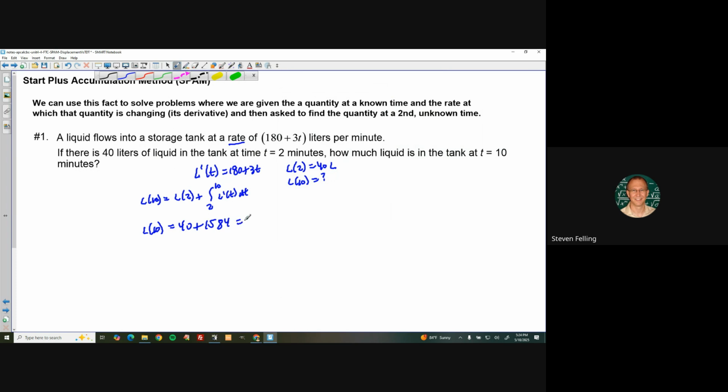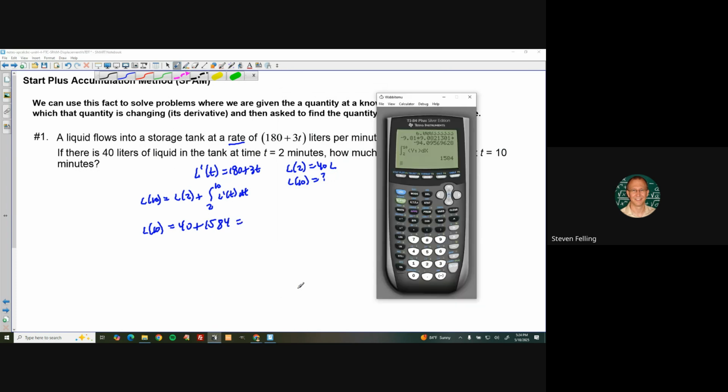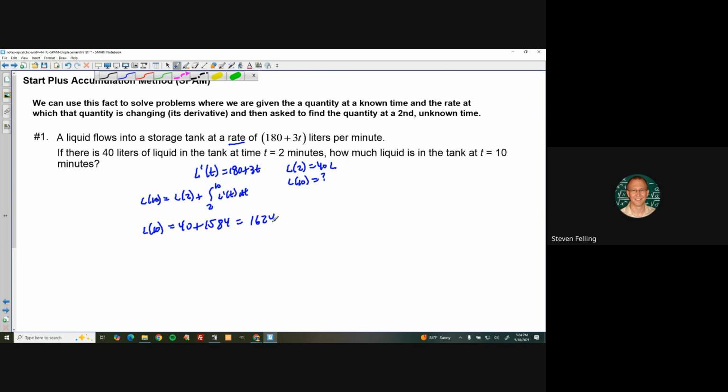So if I add 40 to this number, that gives me the amount at the end, 1624. And the units there are liters. Start plus accumulation, which is an integral of the derivative of that quantity, equals the ending value.